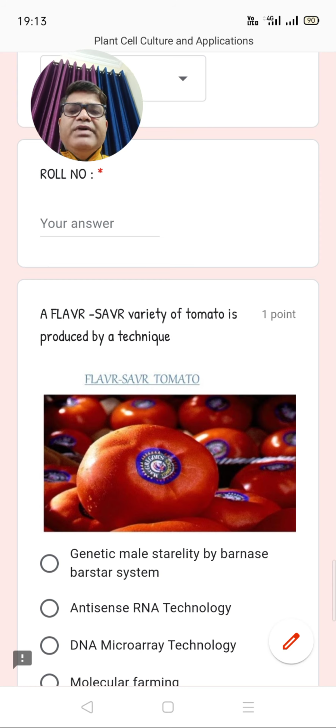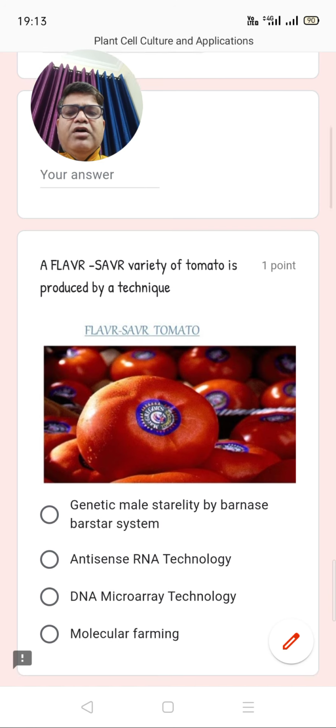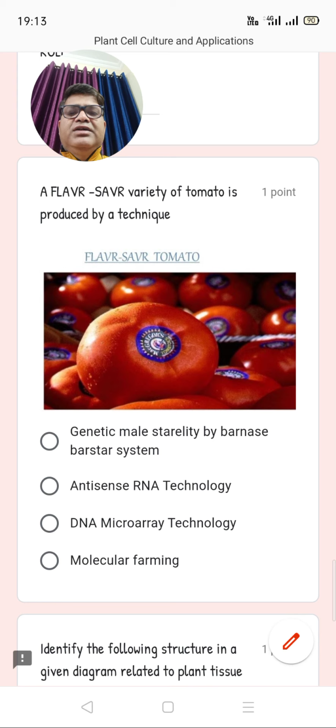A Flavr Savr variety of tomato is produced by which technique? Options: genetic male sterility by Barnase-Barstar systems, antisense RNA technology, DNA microarray technology, molecular farming.